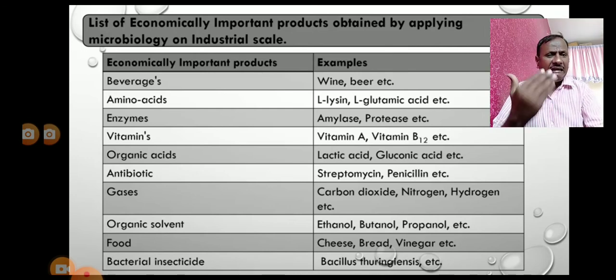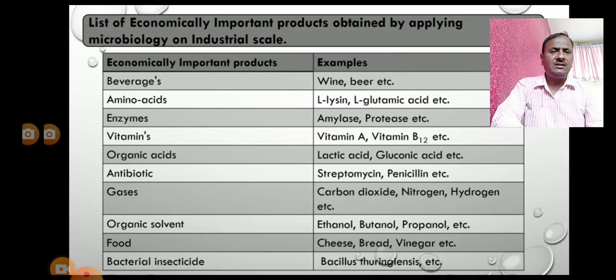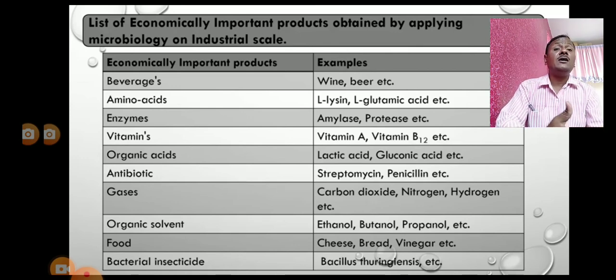We will see details about the productions in the next lectures, but these are some of the economically important products we are studying here. Apart from that, foods like cheese, bread, vinegar, toast, and curry; these are bakery products we can also produce by using microorganisms.